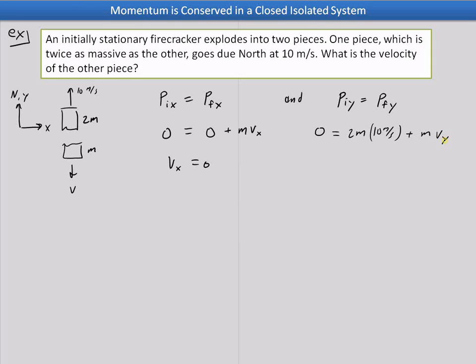So the solution to this would be to move, I guess this would be 20m, to the other side, and say that that is equal to m times vy. These m's cancel out, so vy is equal to negative 20. This would be in meters per second, just like we had up here. And if it's negative, that means negative y direction, which means south. Okay, so the velocity v is going to be equal to 20 meters per second due south.